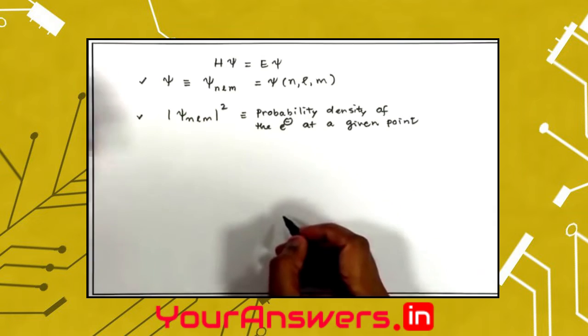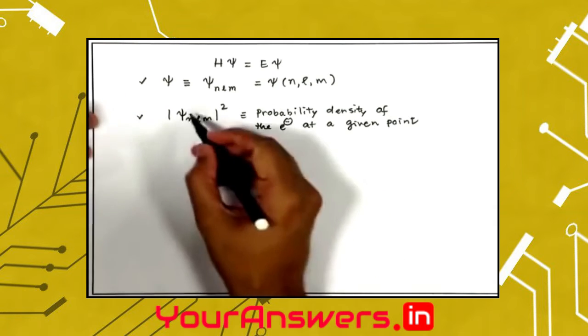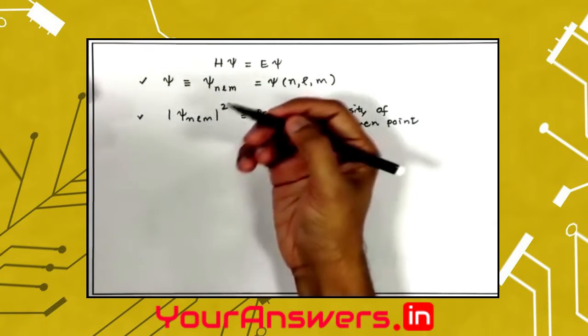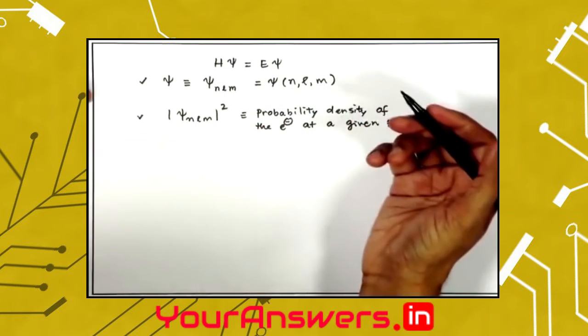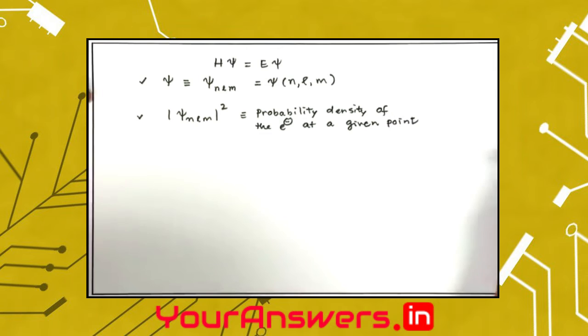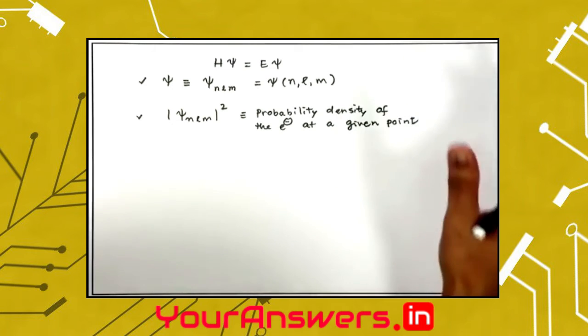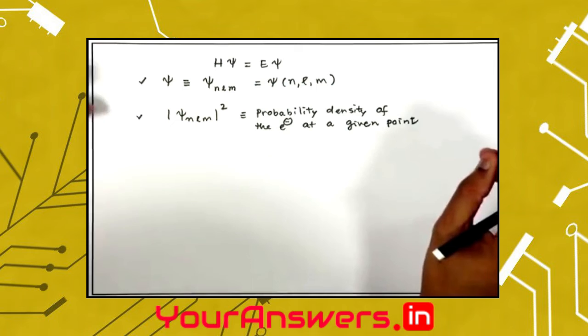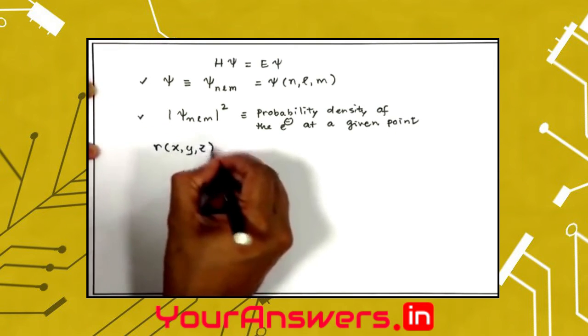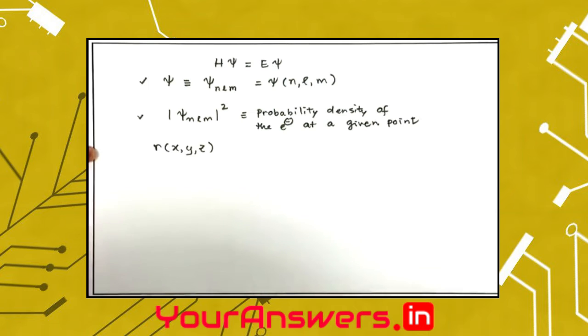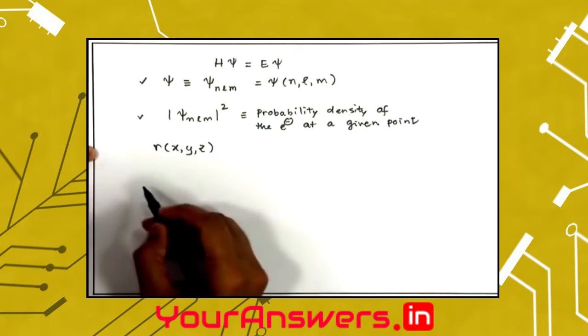All right. The wave function, as I said, contains the information about the position of the electron that you are interested in. How can I signify the position of the electron? I have to tell where it is located, its x value, y value, z value along the x axis, y axis, z axis, and then only can I pinpoint the position of the electron in space. So, I can define the position r as a function of x, y, z.